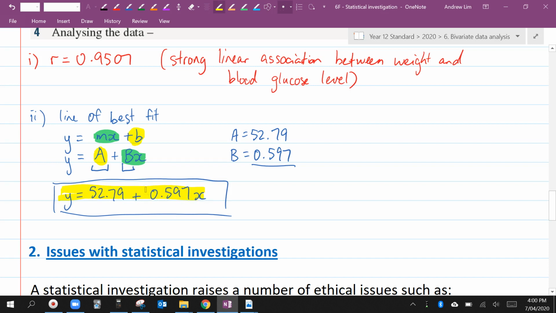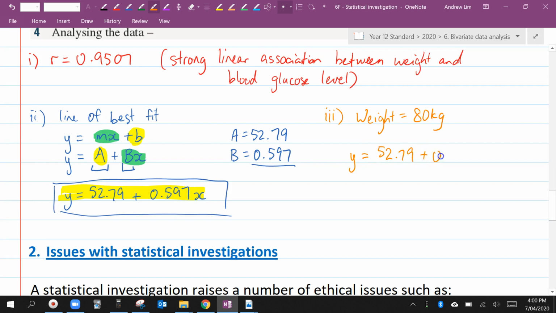So let's say, for example, someone has a weight of 80 kilograms. We can use this equation to estimate their blood glucose levels.